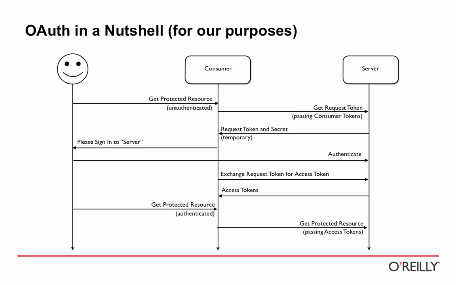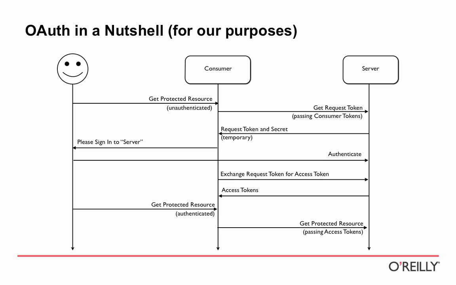So here are some temporary request tokens that you can use, so that I can figure out what user and what app I'll need to authenticate for. So the server passes back these request tokens, and the consumer keeps those around, and then says to the user, well, before you can do that, you need to sign in to this service.